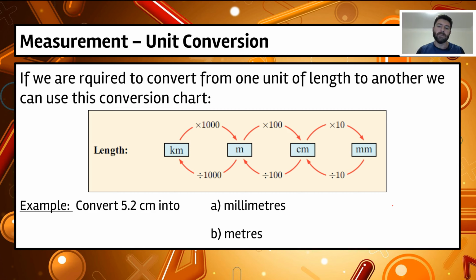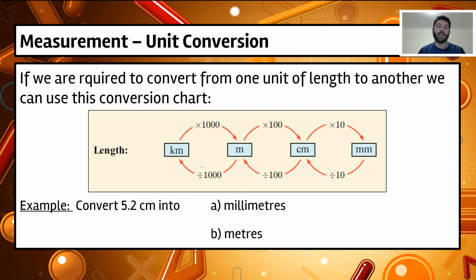Going from millimeters to centimeters to meters to kilometers, we've got a factor that we multiply and divide by. There are 10 millimeters in a centimeter, 100 centimeters in a meter, and 1,000 meters in a kilometer. So you can see that factor there.